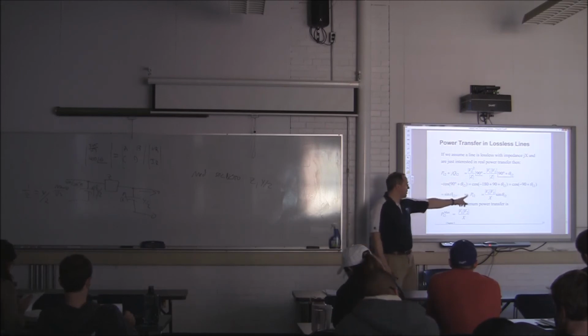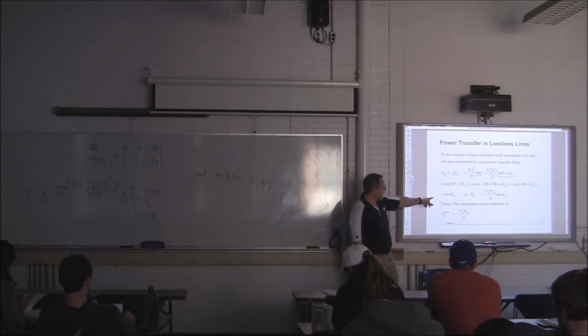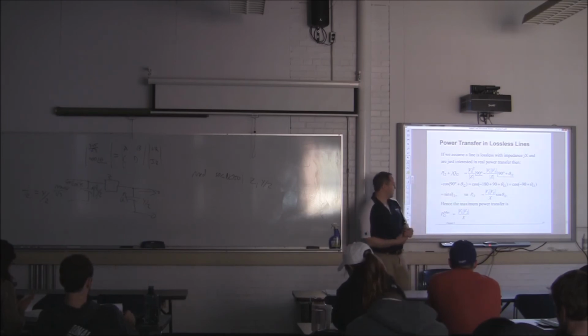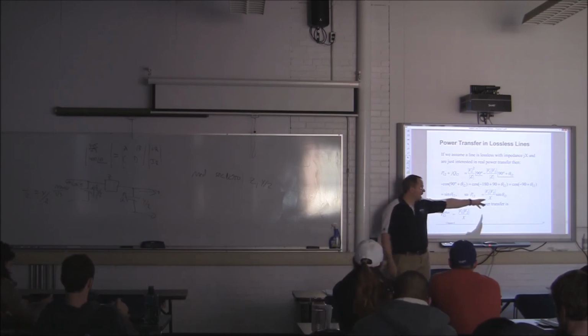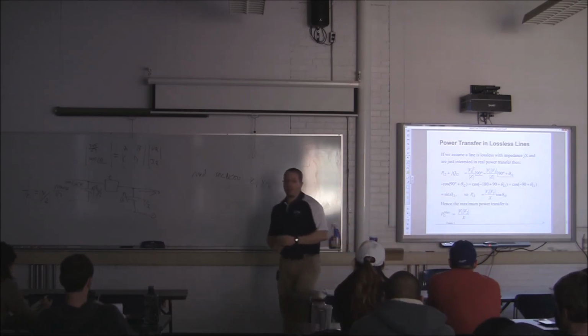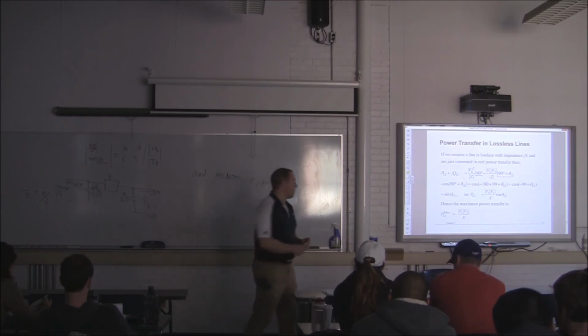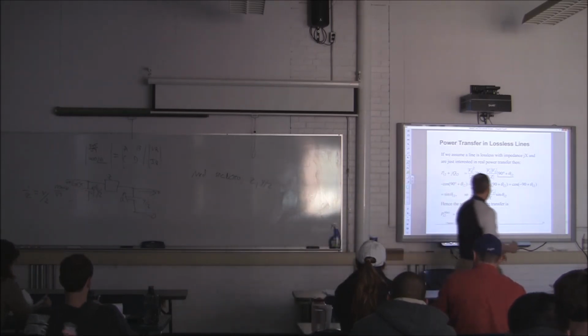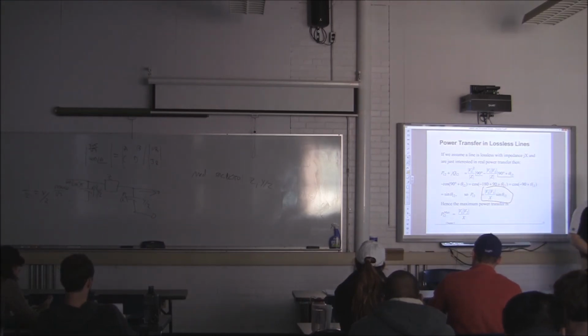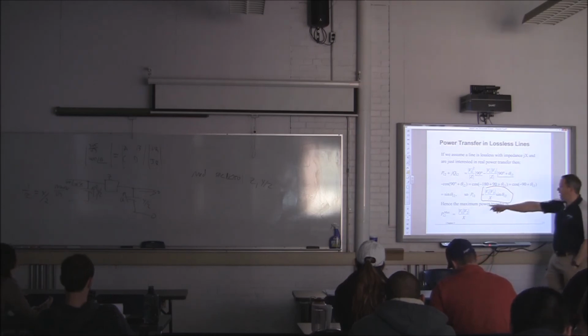And what we can do is some substitution, and what we have is P1 to 2 is V1 V2 divided by X times the sine of the angle theta 1, 2. For the most part, this is the equation that we will examine to simplify our power flow. And the max power that we can ever transfer is when the sine of theta is equal to 1.